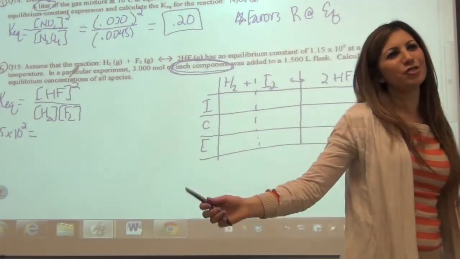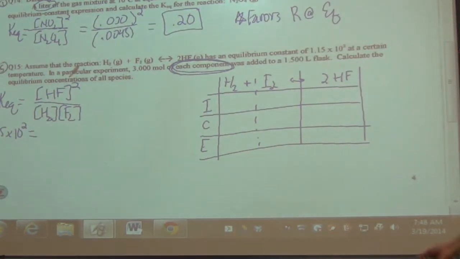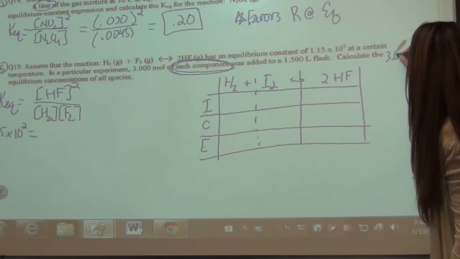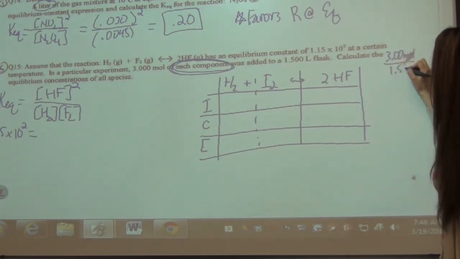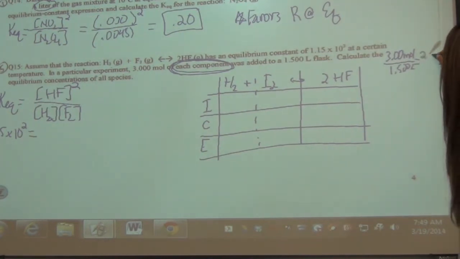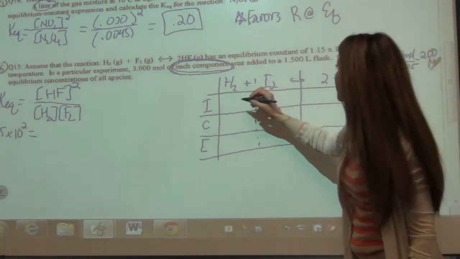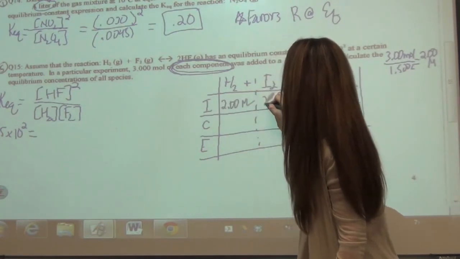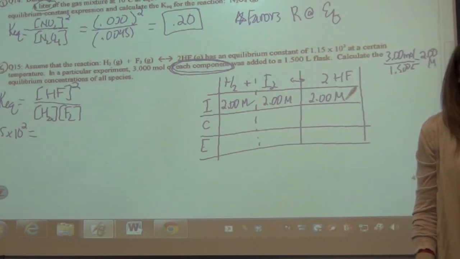So if we want concentrations, may as well just switch to molarity right now so that we don't have to worry about it later. So what's 3 moles? How do I find out my molarity? Moles over liters, divided by the 1.500 liters, which means we have what molar? 2.00 molar with 3 sig figs. Okay, so that's our molarity, and that's of each one. So I've got 2 molar of each one.